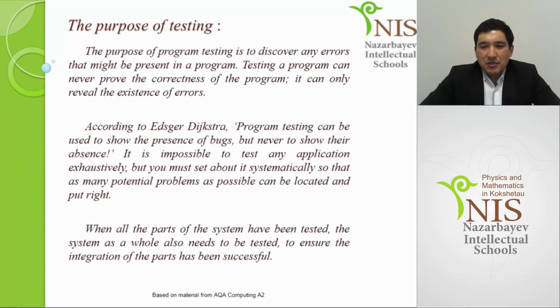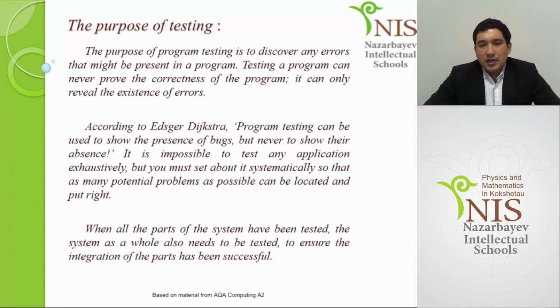It is impossible to test any application exhaustively, but you must set about it systematically so that as many potential problems as possible can be located and put right. When all the parts of the system have been tested, the system as a whole also needs to be tested to ensure the integration of the parts has been successful.